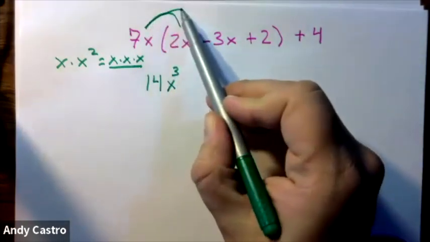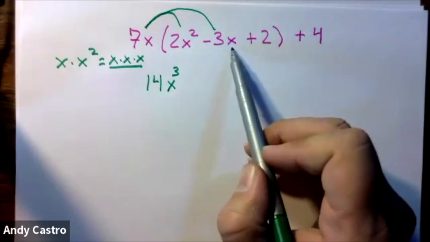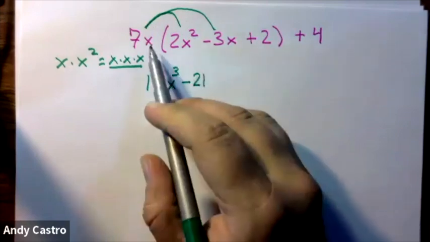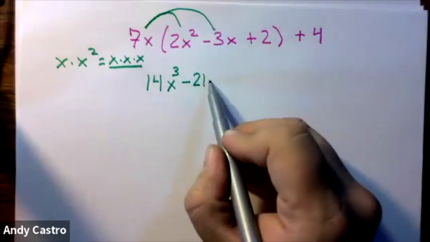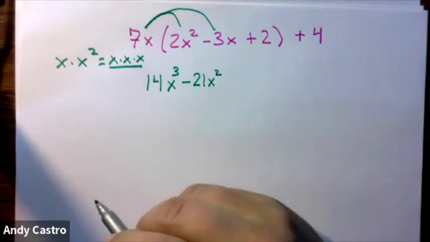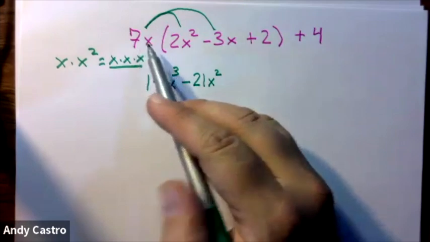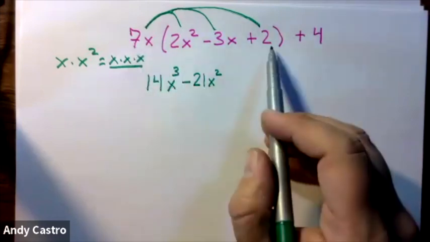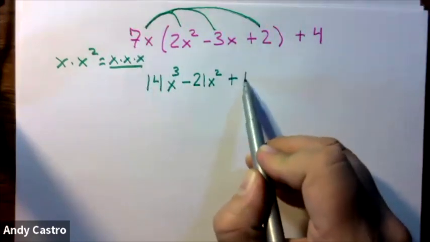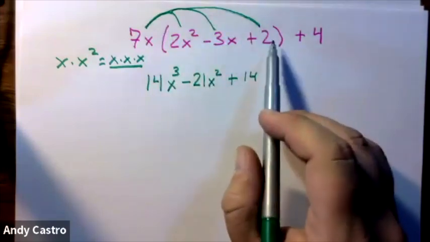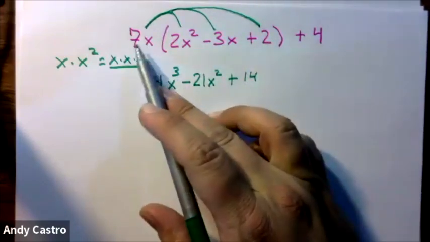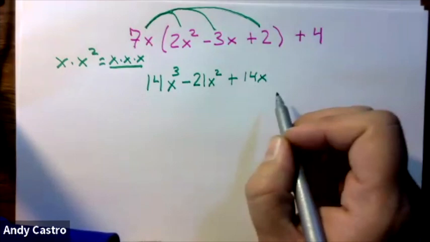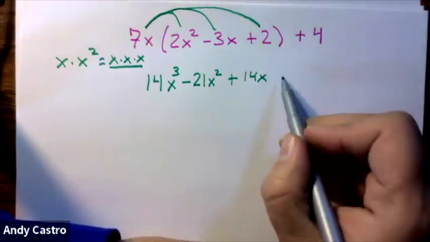All right, 7x times negative 3x. 7 times negative 3 is negative 21. X times x is x squared. All right, 7x times 2. 7 times 2 is 14. And then it's just the 7 times x times 2, so the x isn't being multiplied. Well, it is being multiplied by the 14, but there's no other x's to multiply it by. And then we have this plus 4.